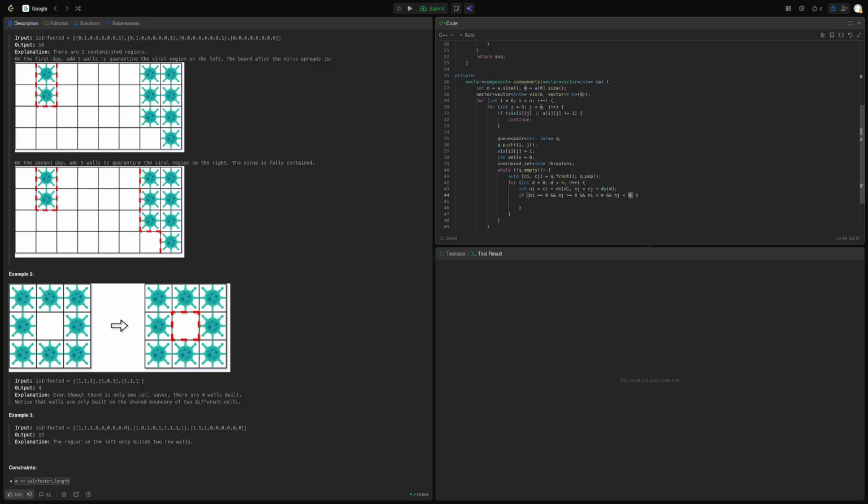If we are inside and the new i, new j is equal to 0, then walls plus plus, threatens insert ny times m plus nj.